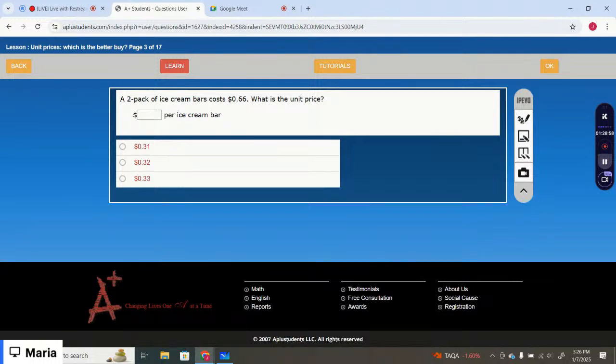A two pack of ice cream bars costs $0.66. What is the unit price?